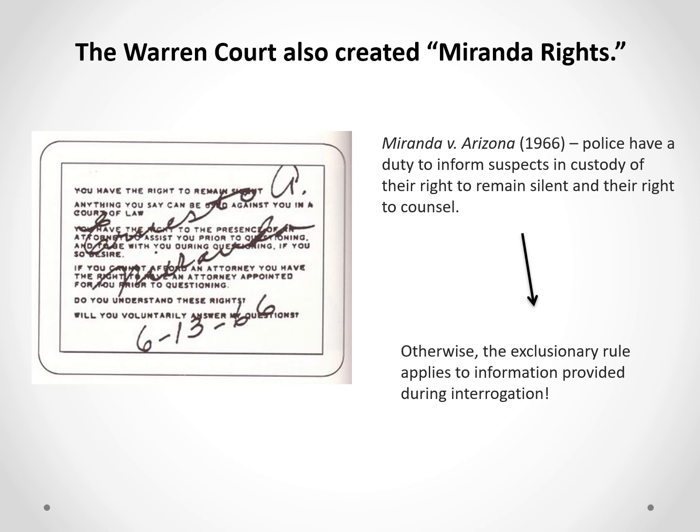So the upshot of all this is that we have very generous protections for criminal defendants in the United States. Under the Miranda case, police have a duty to inform suspects in custody of their rights. Otherwise, the exclusionary rule applies. And this means that in the United States, we are willing to let bad people go.